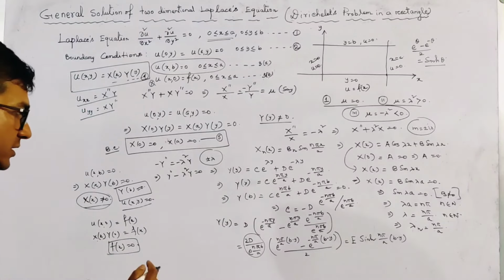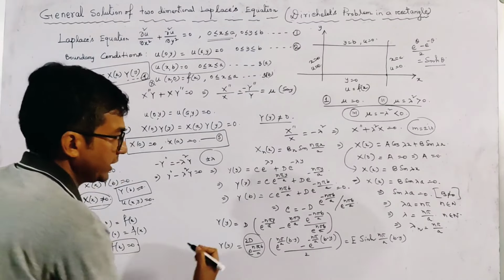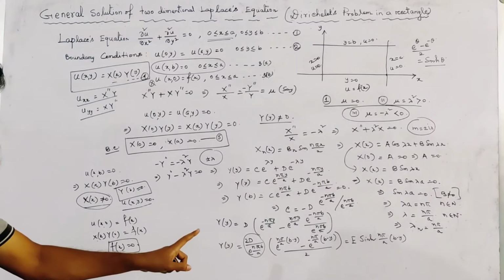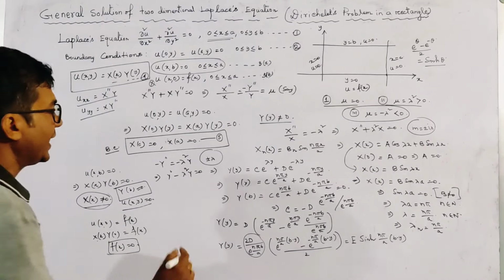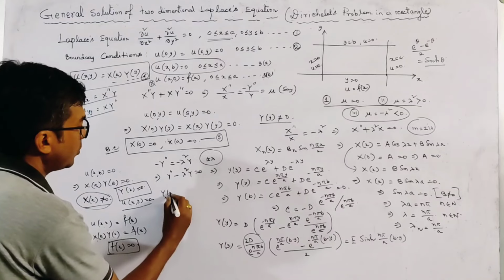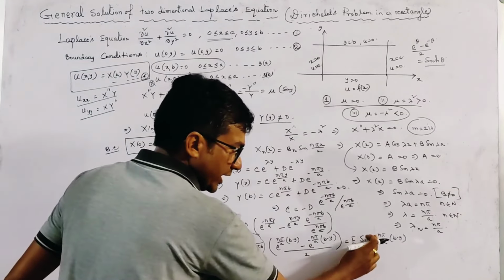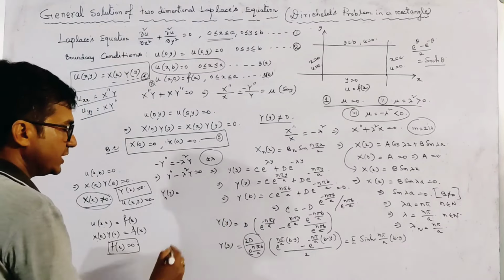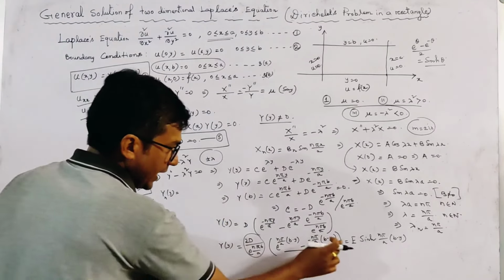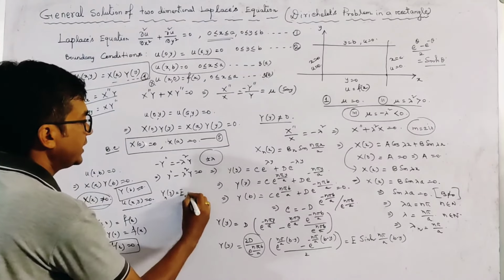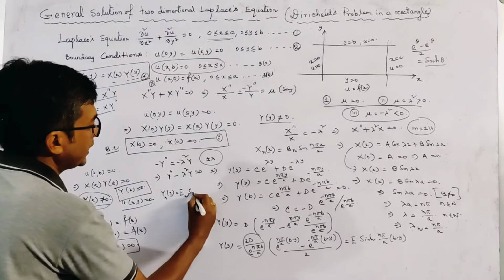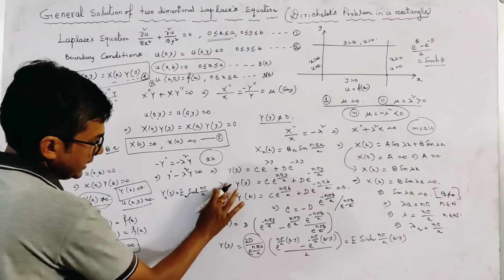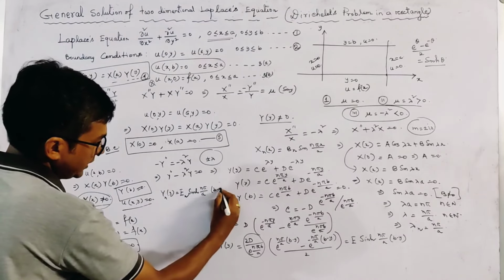Okay, we get the value of y. And now we put this value as y n of y, because here also n was present, so this is like a sequence of solutions, and this equation can be written as e n, this is also a sequence, sine hyperbolic n pi by a into b minus y.